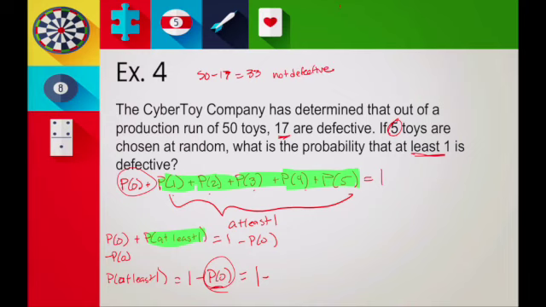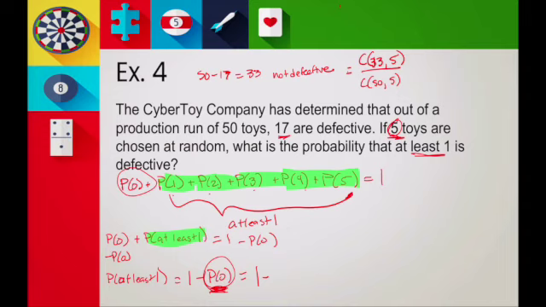And so the probability of 0 defective toys out of 5 is going to be the number of ways that we can choose 5 non-defective toys out of 33 over the number of ways that we can choose 5 toys out of 50.